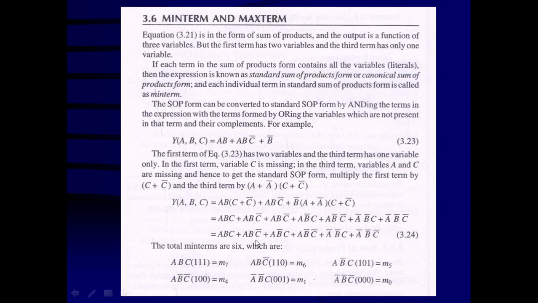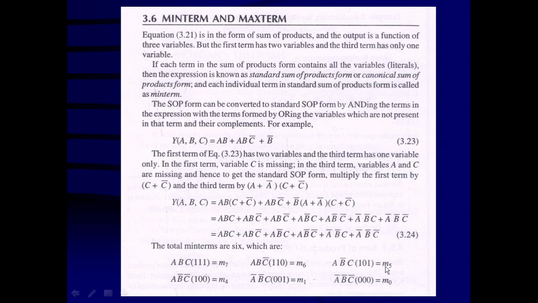Similarly, the next one is ABC bar. For A, I will be writing 1. For B also I am writing 1. For C bar, because it is a complemented variable, I will be writing 0. So 110. 4 plus 2, that means it is going to be 6. So this mean term is M6. Similarly, AB bar C, 1, 0, 1.